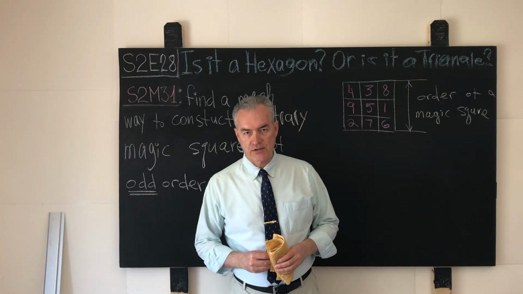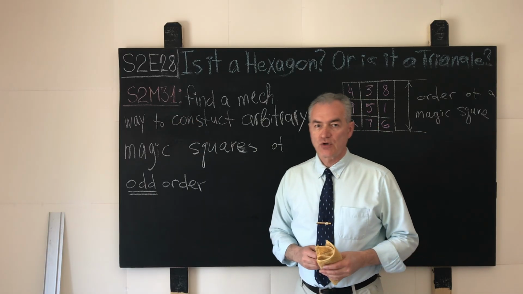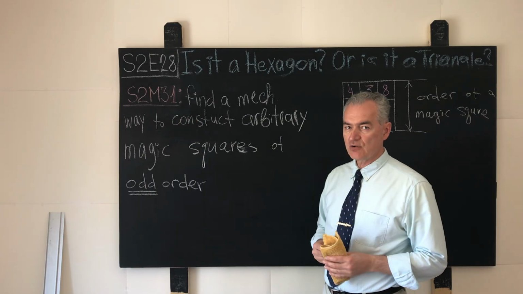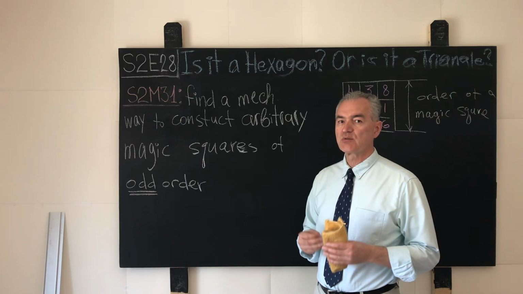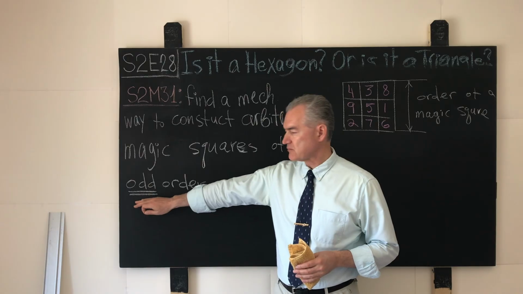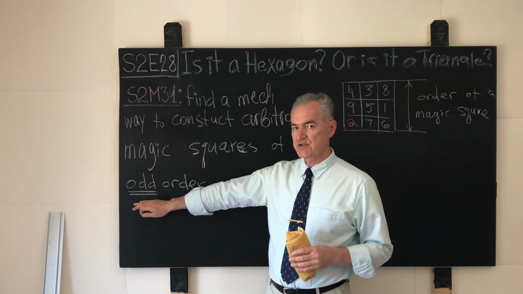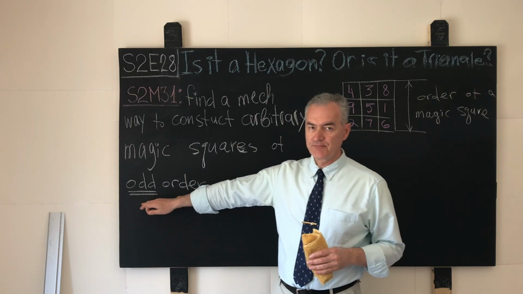In our next challenge, the mathematical problem S2E28, we are looking for a mechanical way for constructing arbitrary magic squares of odd order. So the key requirement over here is that the order of a magic square must be odd.